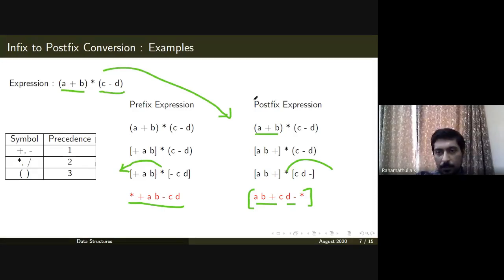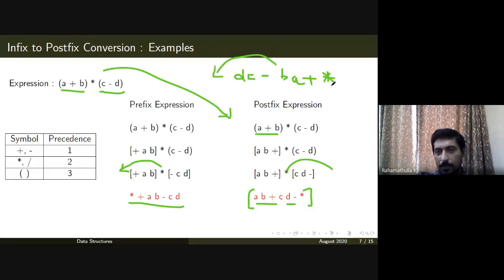So it will be DC minus BA plus and a multiplication. So this will be your corresponding postfix expression. So you have taken the reverse of the infix and converted it into postfix. Then you take the reverse of this, or just reverse it back.